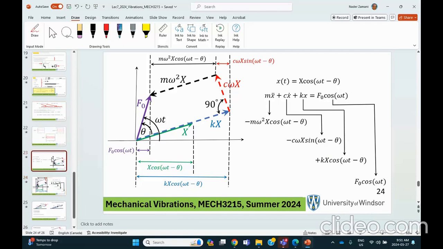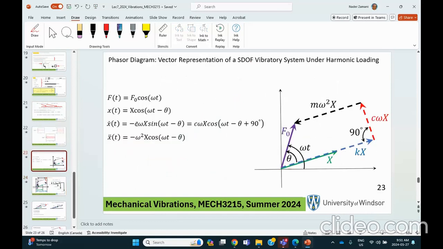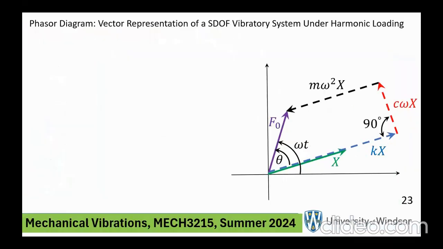This is the damping force, I should do this as c times x dot. Yeah, that's fine. Maybe it's better if I took this c out and this c out. Okay, that's good. Let's go back.